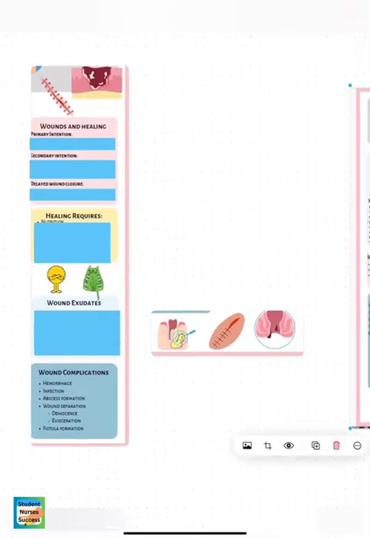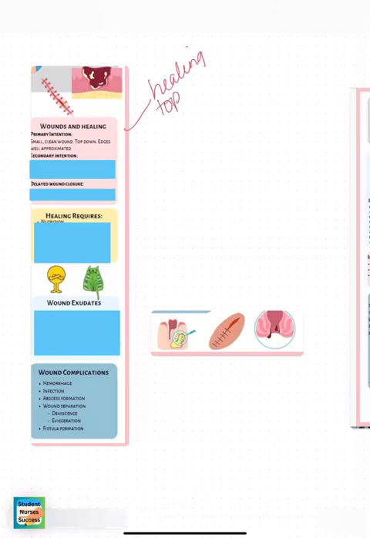All right, so let's talk about wound healing and the process of wound healing. Wound healing can occur in two different ways: primary intention or secondary intention. Primary intention is when we have a small, clean wound and we're healing from the top down.